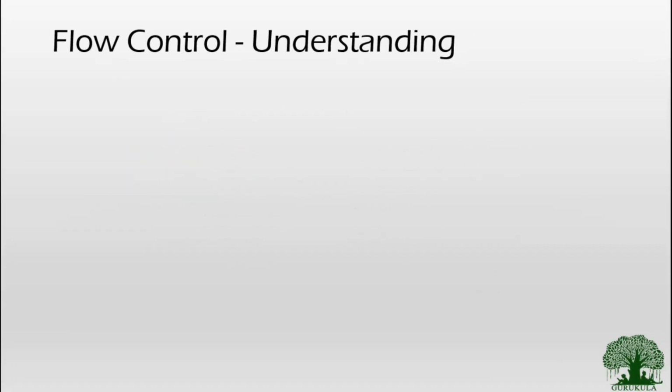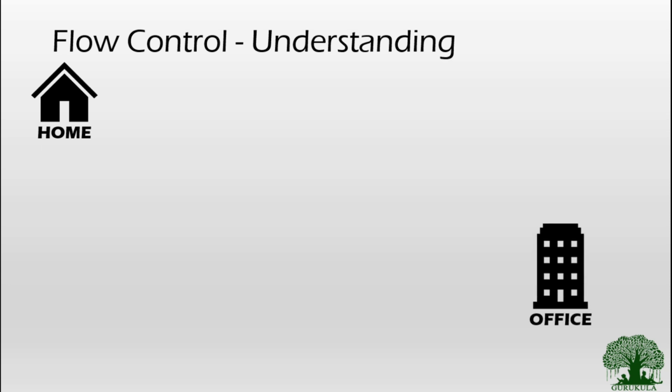Before directly getting into what exactly flow control is, let us understand why we need flow control with a real-time example. Let us assume that I want to travel from my home to my office, and it's quite obvious that I am going to travel by road.